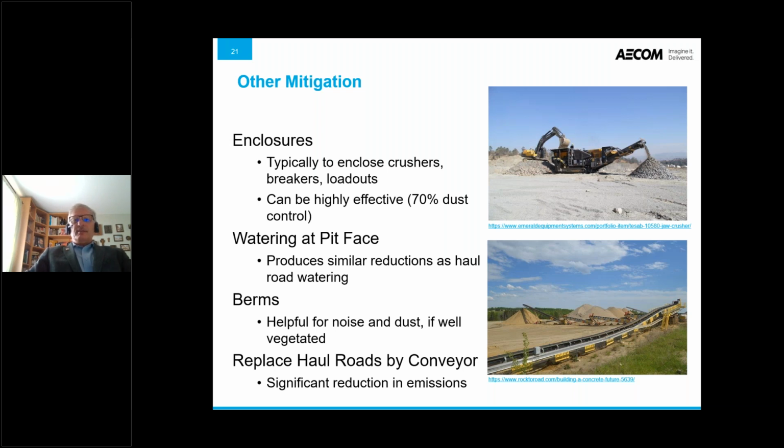Another way, not mentioned on this slide but which I could explain to you, concerns the stockpiles. They are cones, and cones are not that great for wind speed dependent emissions.